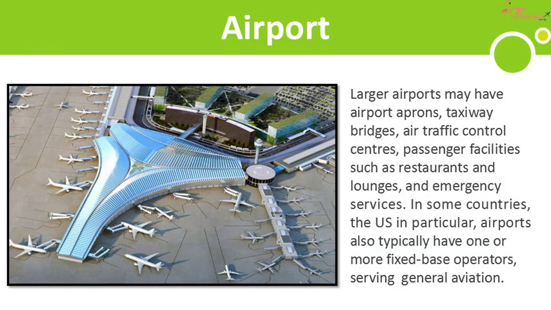Larger airports may have airport aprons, taxiway bridges, air traffic control centers, passenger facilities such as restaurants and lounges, and emergency services. In some countries, the US in particular, airports also typically have one or more fixed base operators, serving general aviation.